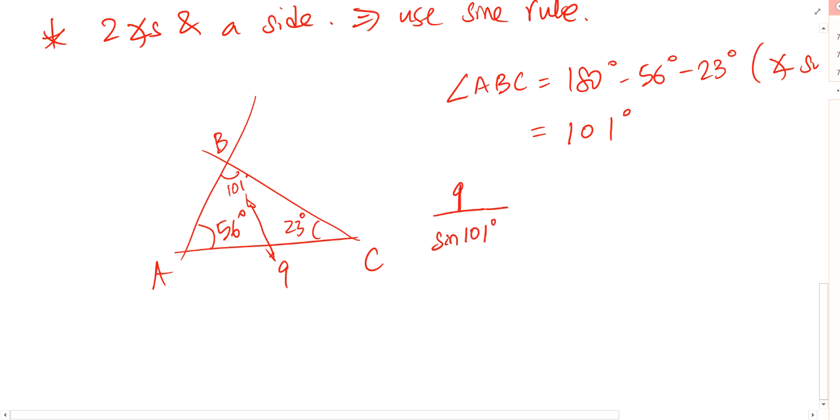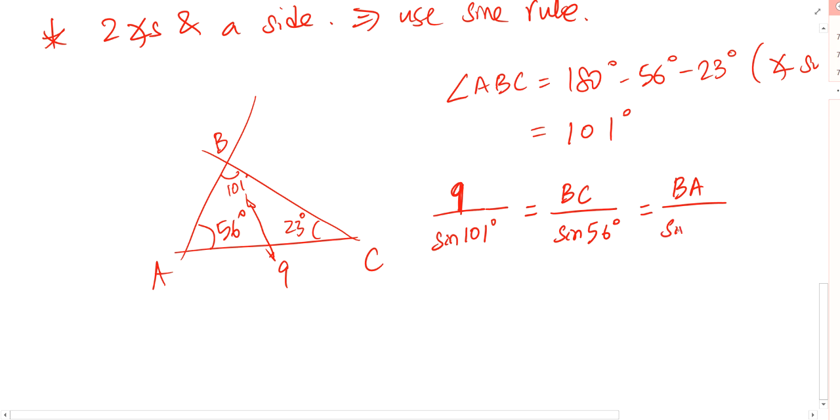Important, so 9 over sine 101 degrees has to be equal to, this diagram doesn't have small letters, but you get to name the side using the capital letters. BC over sine 56 degrees. Is it also the same as something else?